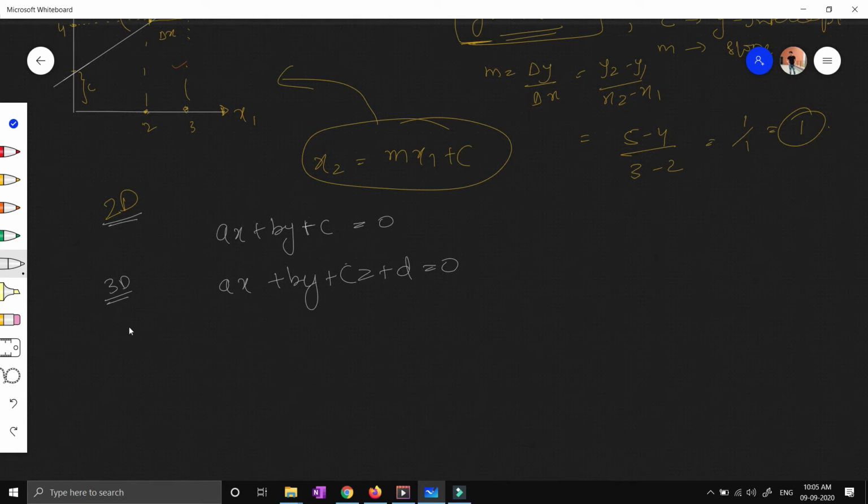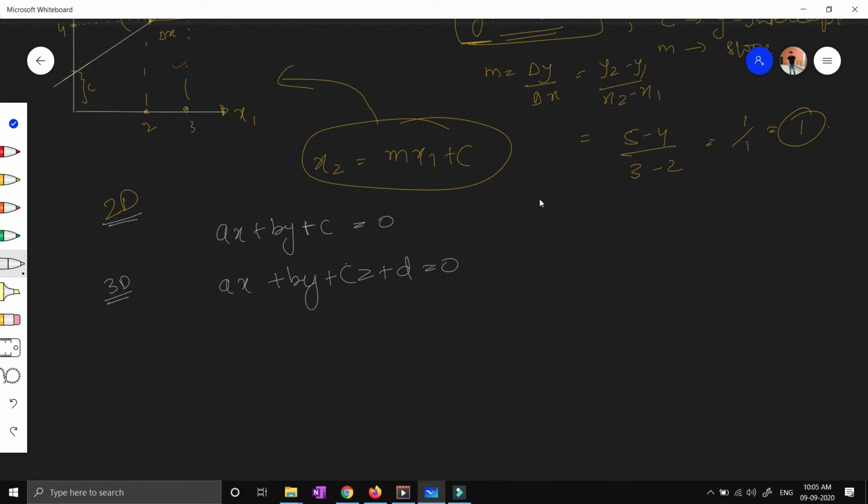Now if I have to extend it to n-dimensional spaces, then what will I do? Either I write it in the form of alphabets, or we can see this equation in another mathematical way.